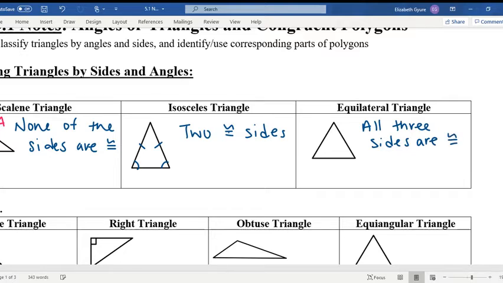And people at home, feel free to chime in as well. I want to hear from you guys. So they'll all be marked as congruent. Equilateral, equal, and lateral means like lateral faces or sides. Just a different word for it.